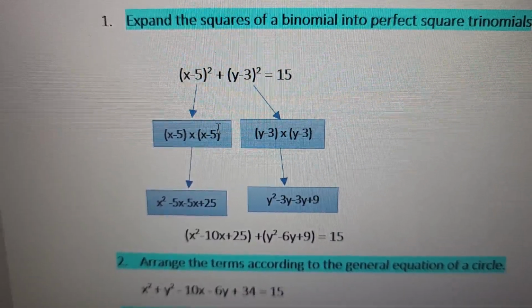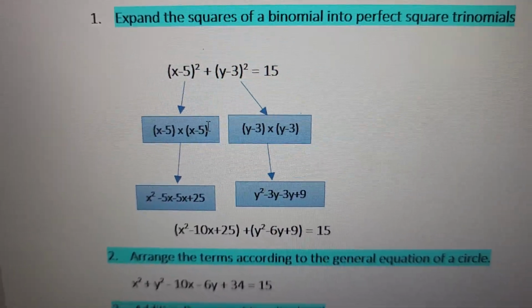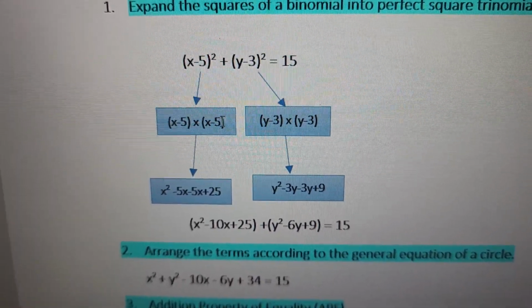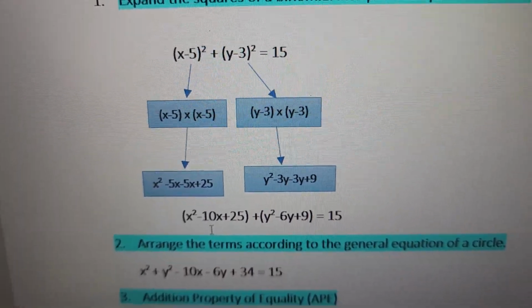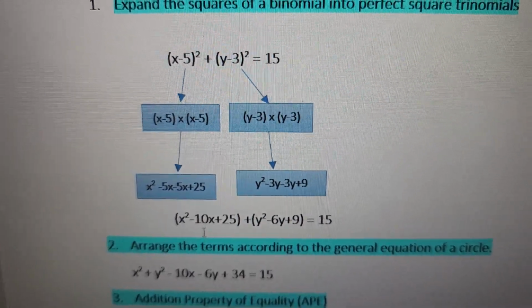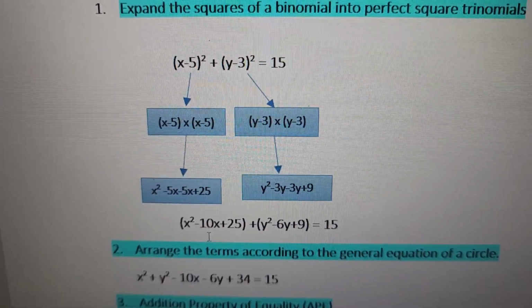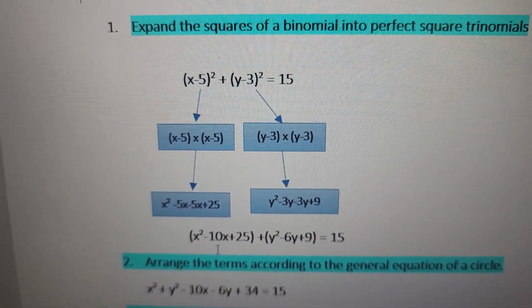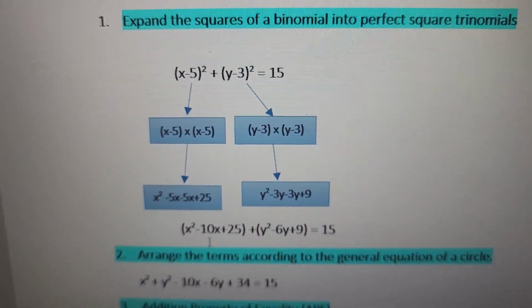the product of the two terms, 5 times 5 equals 25. Since it's negative 5 times negative 5, it becomes positive. The product of negative and negative becomes positive, but if it's negative times positive, it is negative.